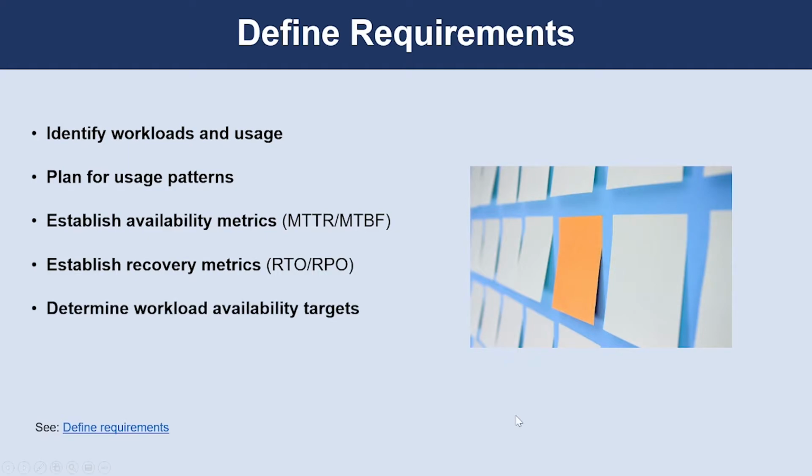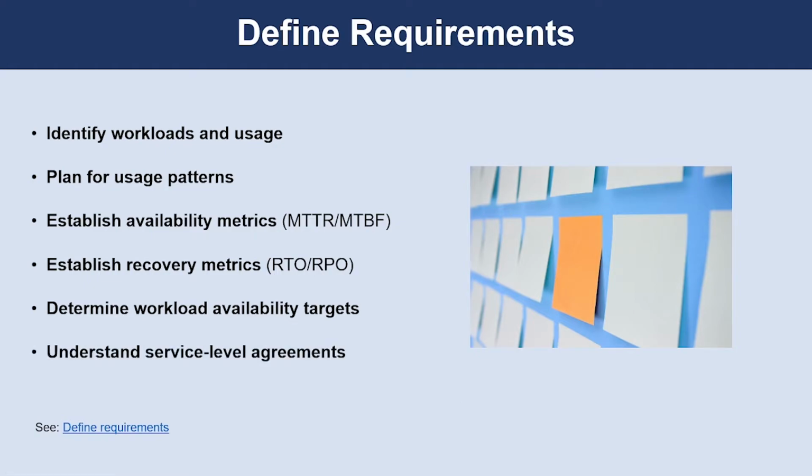Another thing to identify during the requirement stage is to determine workload availability targets. So to ensure that application architecture meets your business requirements, define target SLAs for each workload. Account for the cost and complexity of meeting availability requirements in addition to application dependencies.